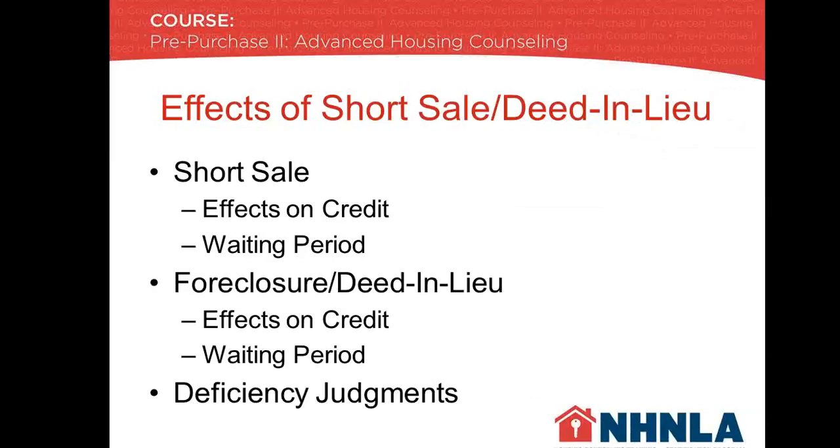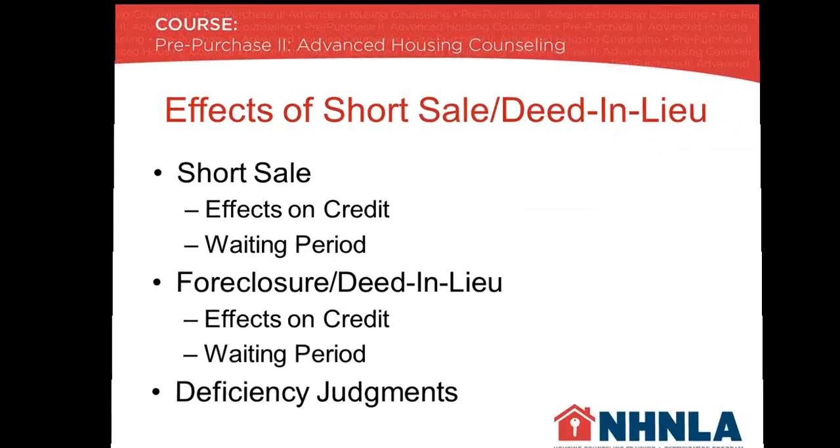Deficiency judgments may be pursued in some states after cases of short sale or foreclosure. So always get familiar with your particular state laws and consult with an attorney to have the details. And of course, never act as an attorney. Refer your clients to a real estate attorney or a foreclosure attorney.